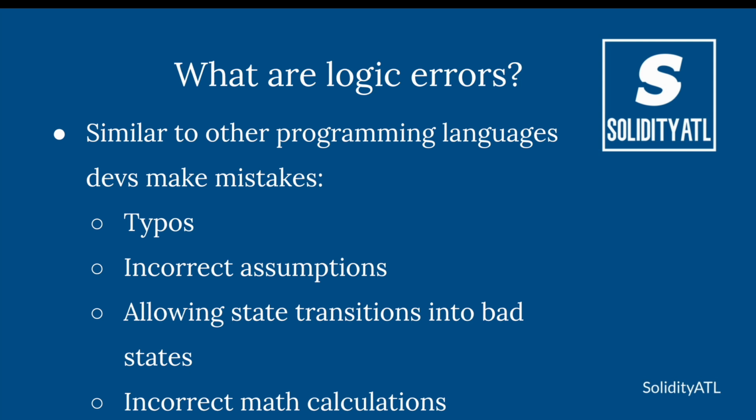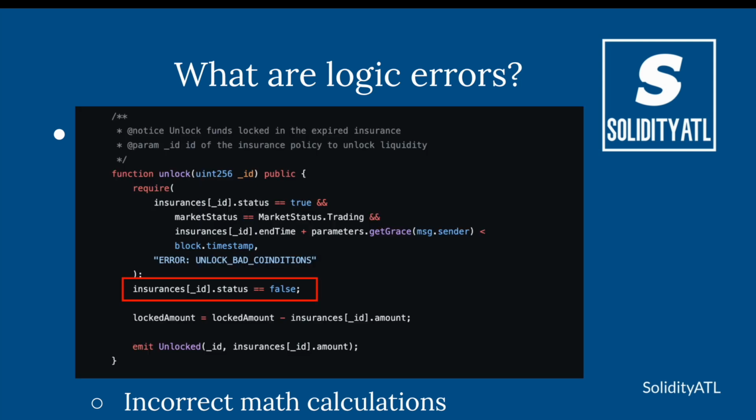It's essentially when a developer doesn't do something that they were supposed to do, and this can create an attack vector, opening them up to hackers exploiting these different vulnerabilities. So basically, it's when the logic is incorrect, whether the mistake was small or huge. So let's take a look at this example here.